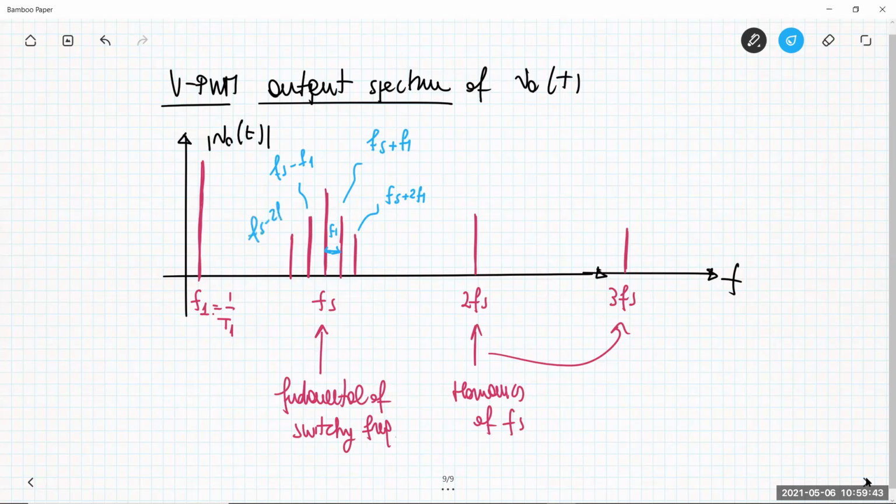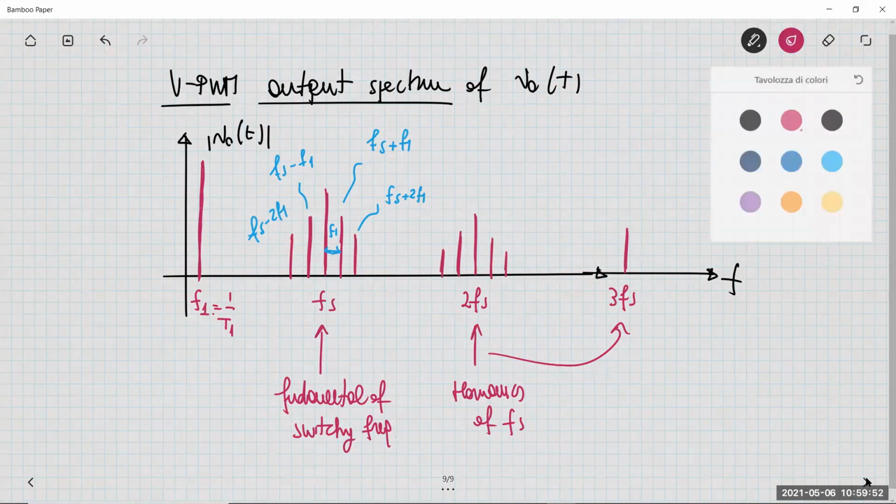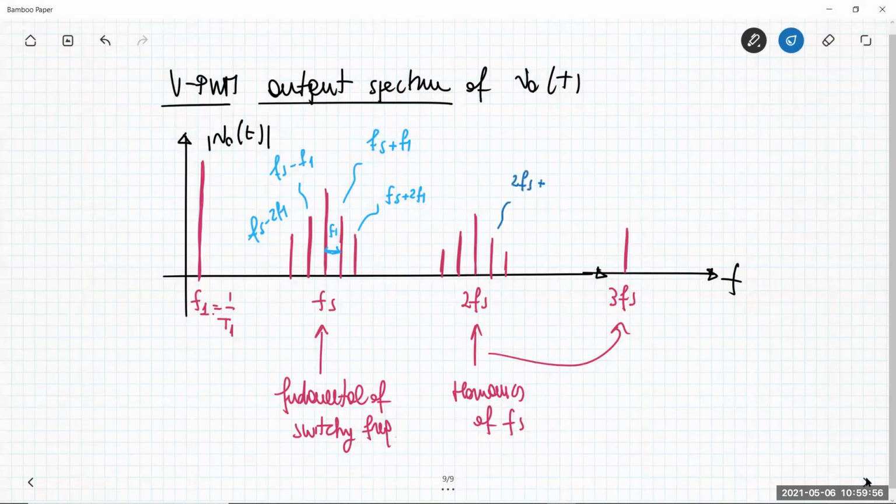Fs minus 2F1, etc. The same happens around 2Fs. So for example, you can have 2Fs plus F1, 2Fs plus 2F1, 2Fs minus F1, etc., and also around 3Fs, etc. Okay, these quantities are also called intermodulation products.